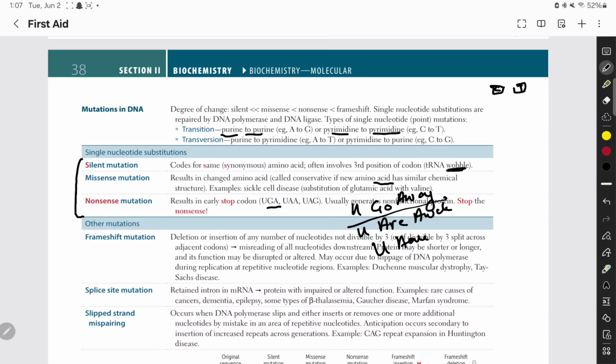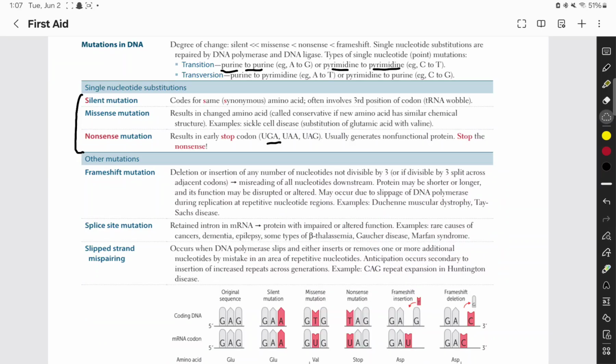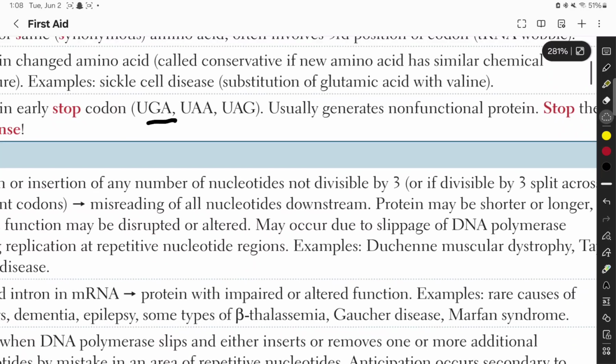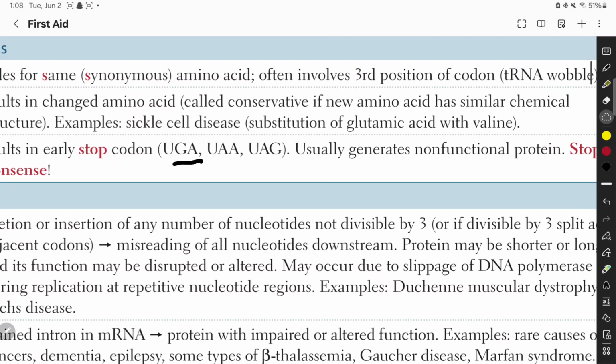So if we talk about other mutations, then we have the frame shift mutation. So now I'm going to explain the frame shift mutation. To explain it, for example, this is the code.